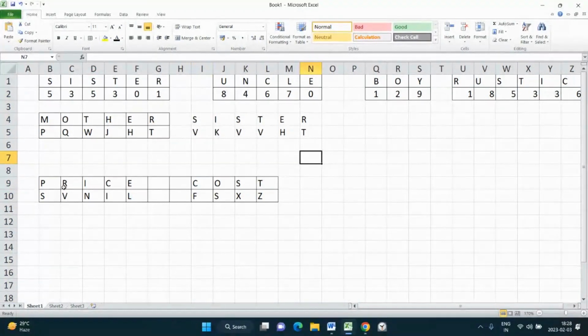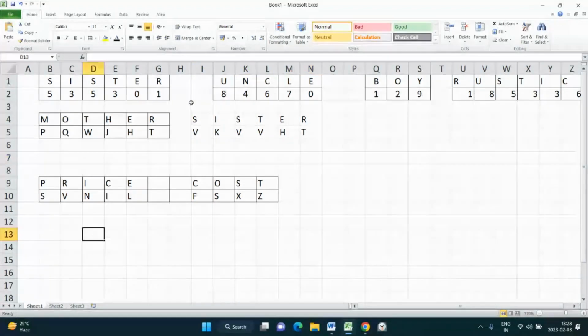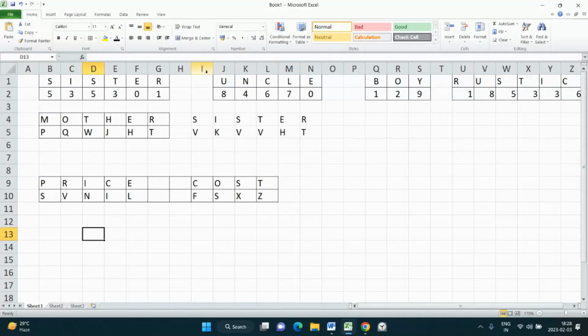And they have converted it to N. After I is converted to N, how many are in between? I 1, 2, 3, 4. After that, N comes. So after this I, there are 4 in the middle. They have left all the 4 and converted that I to N.